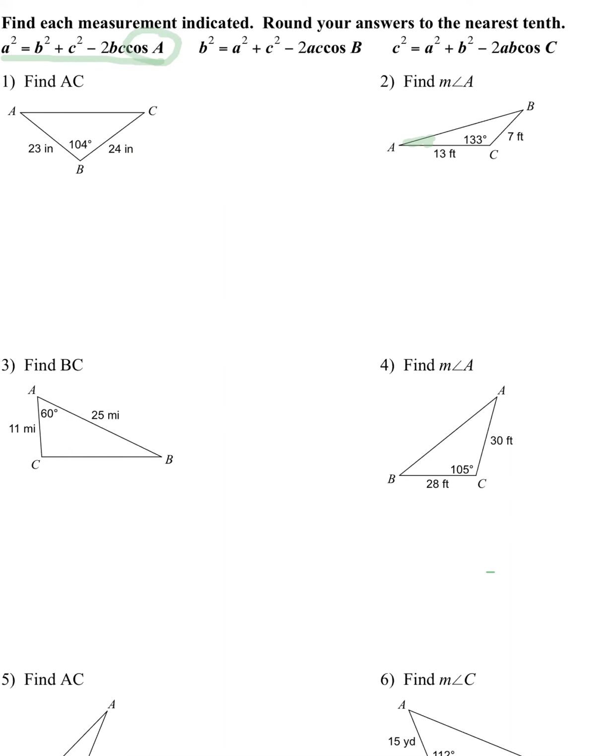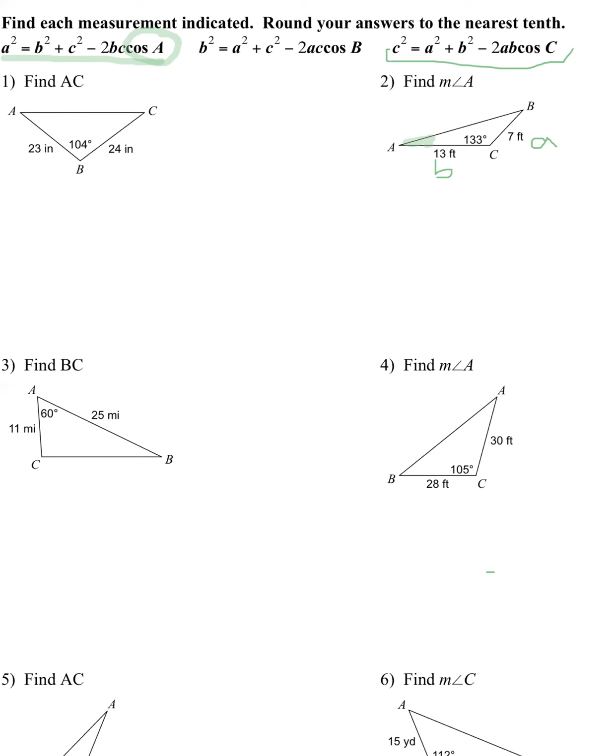What I do have is lowercase a, the one that's marked 7 feet, that's across from angle A, and I have lowercase b, the one across from angle B. If I was going to use that first equation, I'd have to know what lowercase c is. I don't have that. So what I can do is look at the third equation.